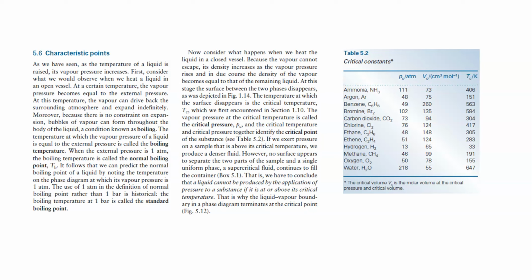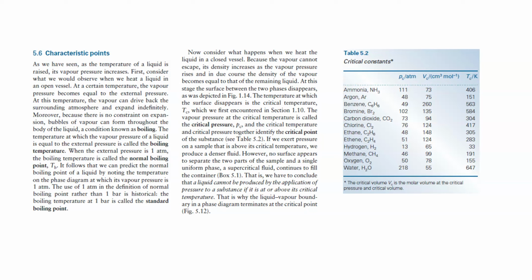Now, consider what happens when we heat the liquid in a closed vessel. Because the vapor cannot escape, its density increases as the temperature rises, and in due course the density of the vapor becomes equal to that of the remaining liquid. At this stage, the surface between the two phases disappears, as was predicted in figure 1.14.